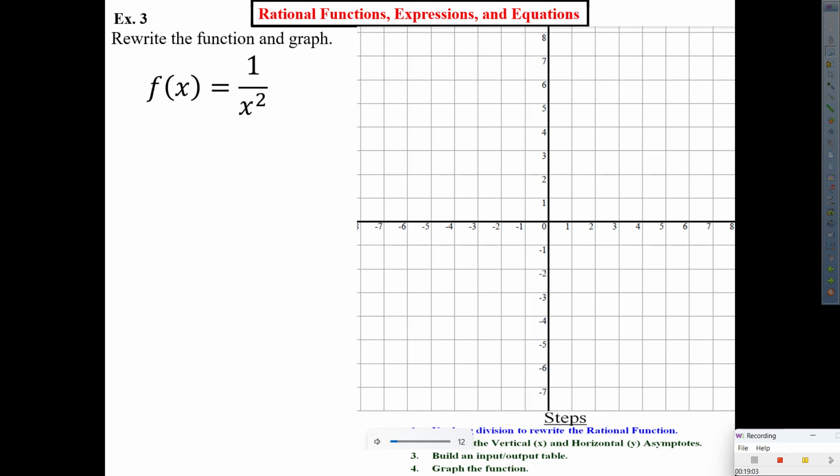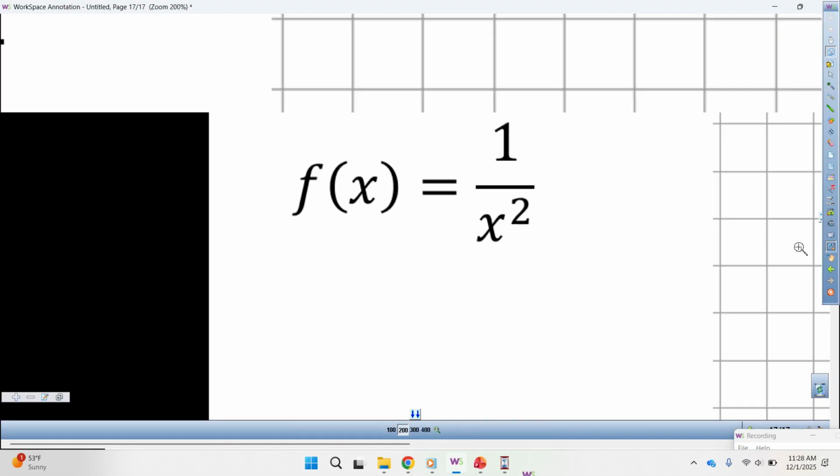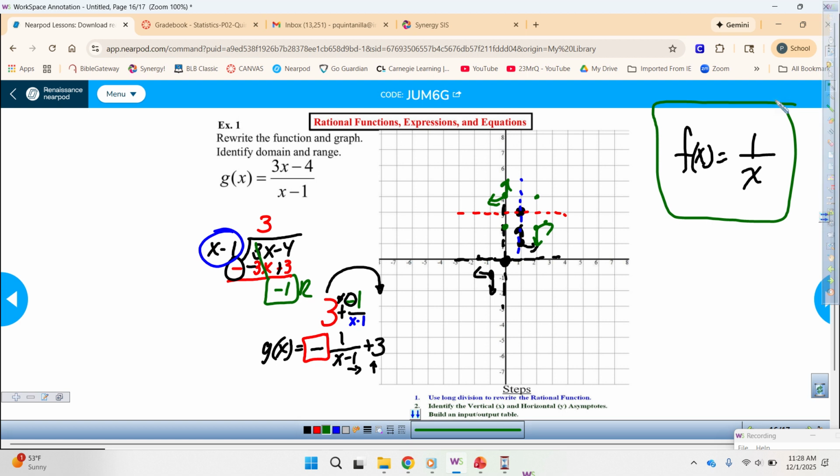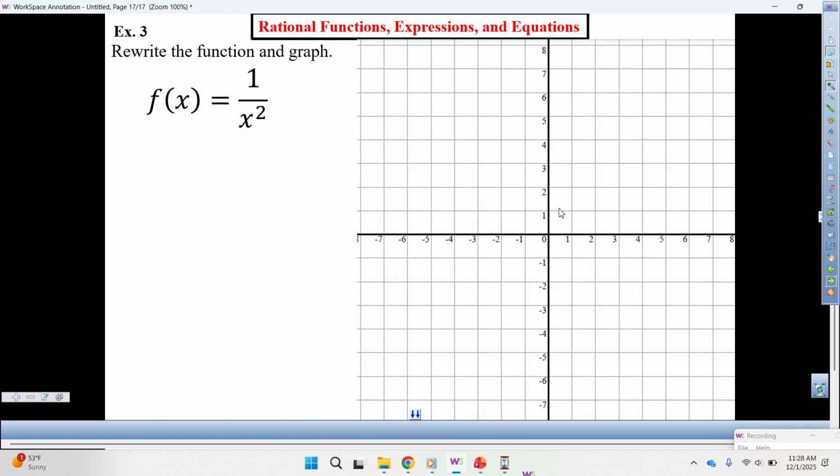You guys see that? Let me go back to the previous one. Watch. Look at the previous one. What was f of x? Look how f of x looks. You guys see f of x over here? Look at f of x now. The little squared, right? All right, so with that said, to graph that, I want us to get a table going.